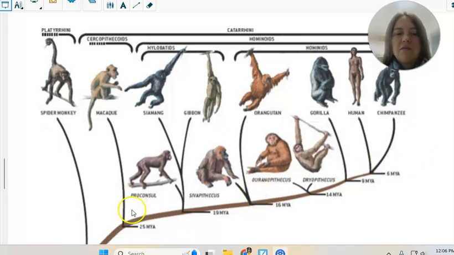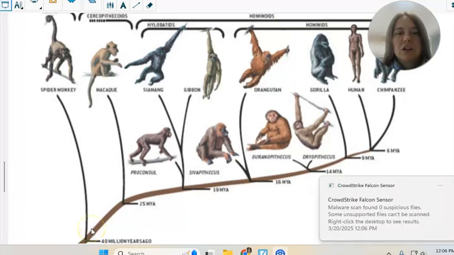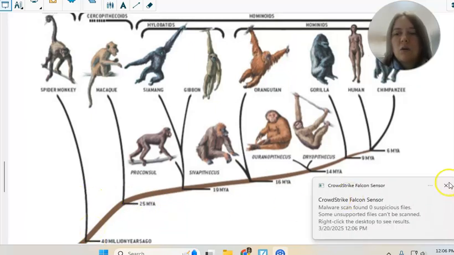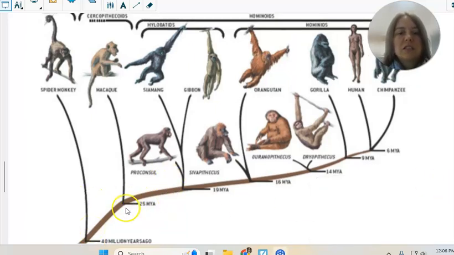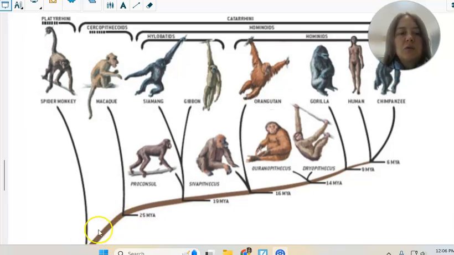So showing this evolutionary tree, about 40 million years ago, old and new world monkeys split apart. New world monkeys have a prehensile tail that they can grab things with, and they live in the Americas and have been evolving separately from the old world monkeys, which live in Asia and Africa.